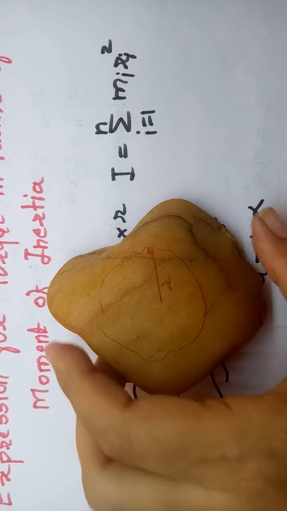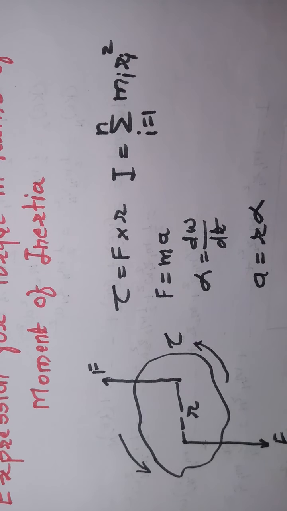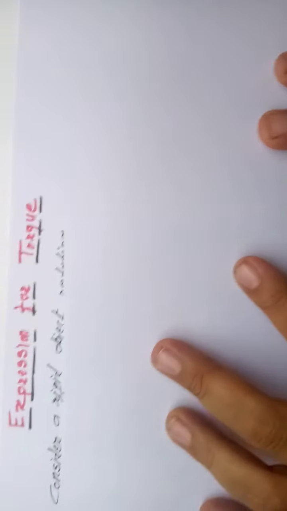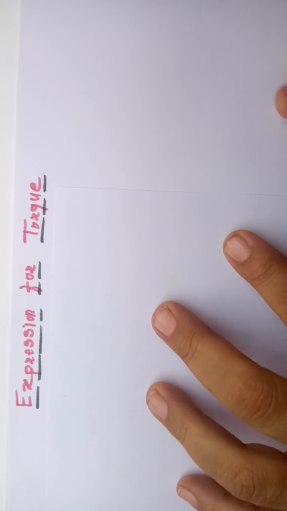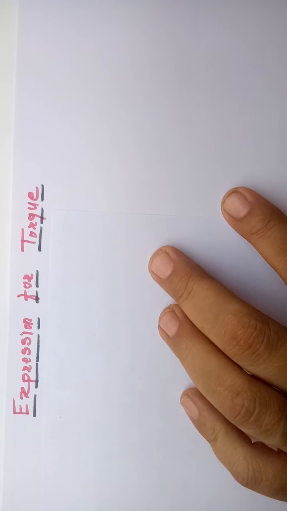So to obtain the expression for this rigid body, what do we have to consider? First we draw the diagram here. Suppose we want to obtain the expression for the torque. So for that, how do we draw the diagram?